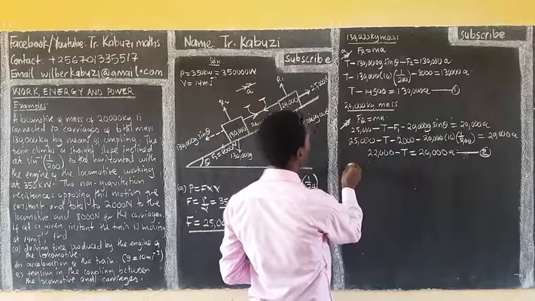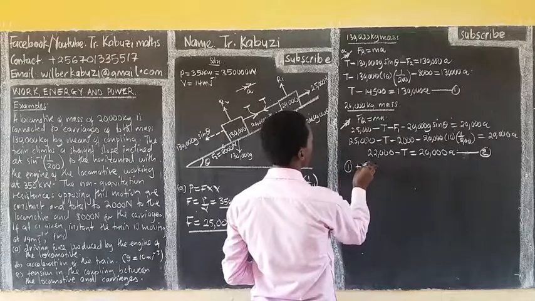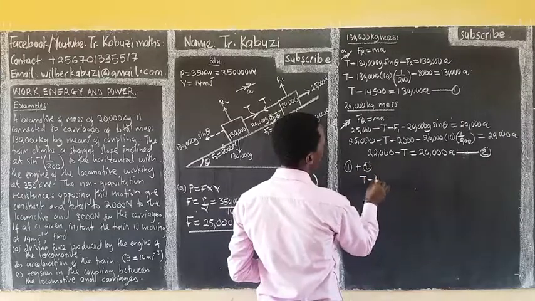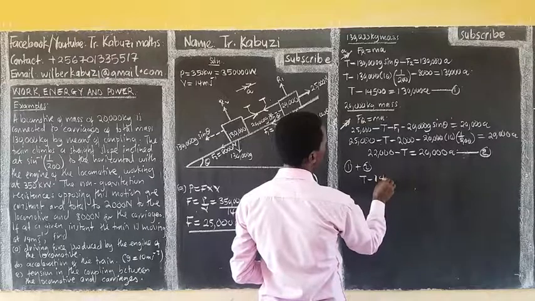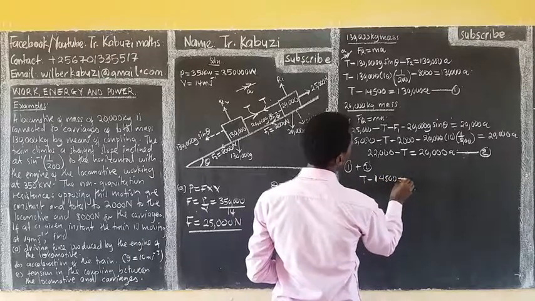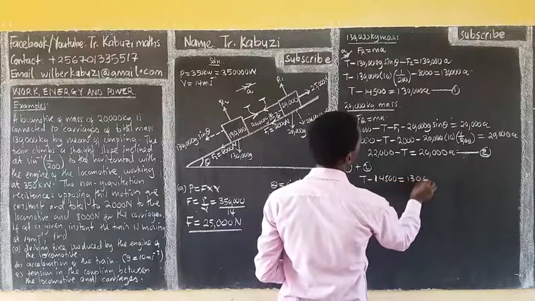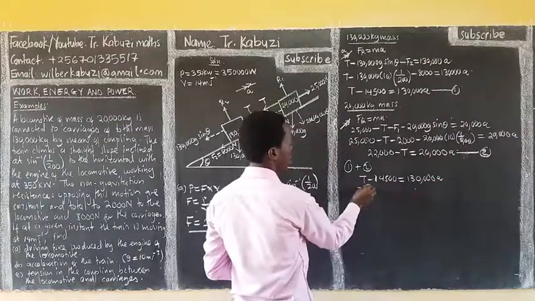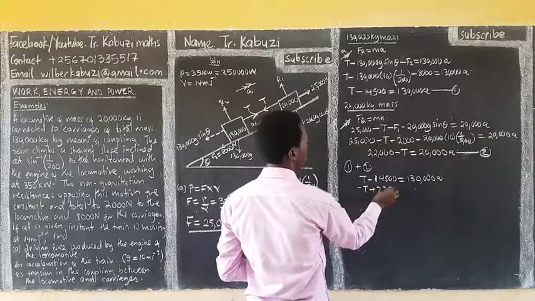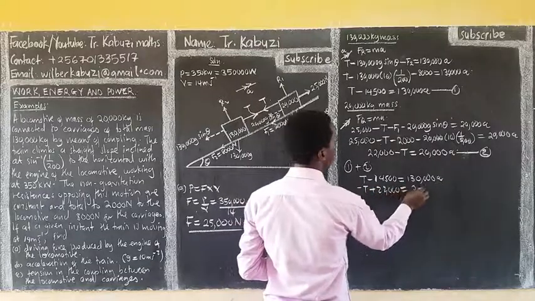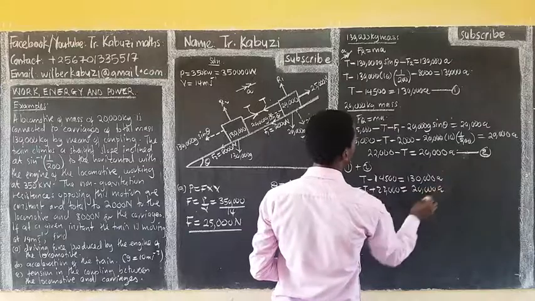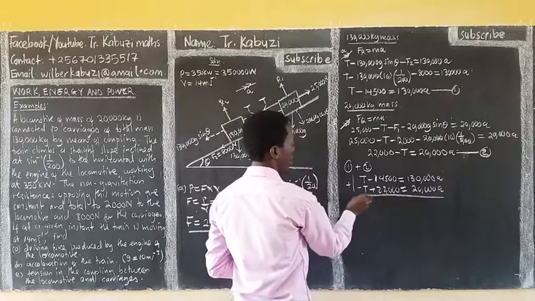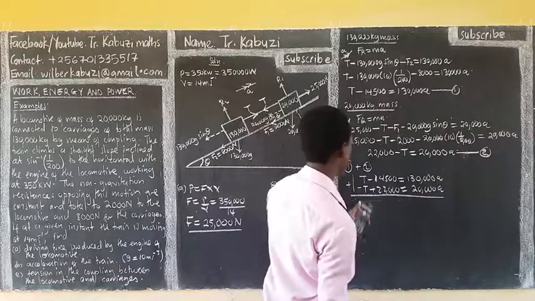Let us say 1 plus 2. Adding them, the T will go to 0.